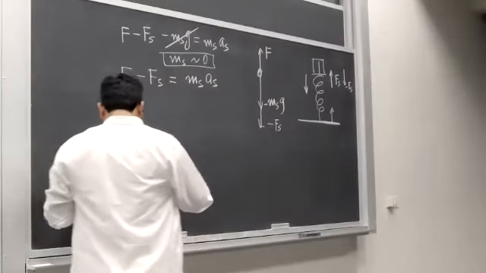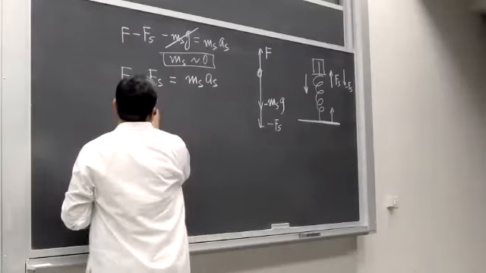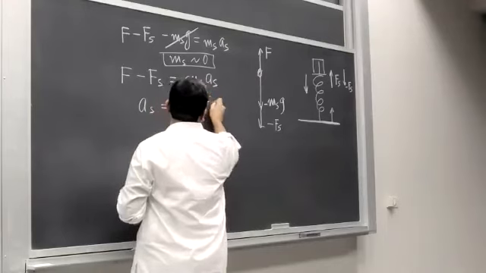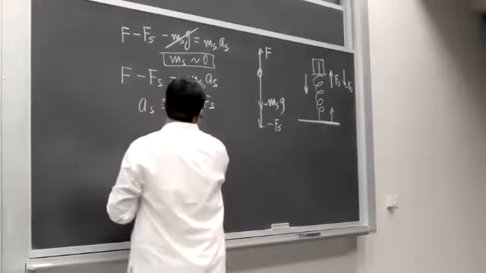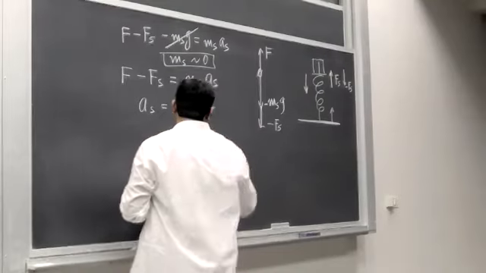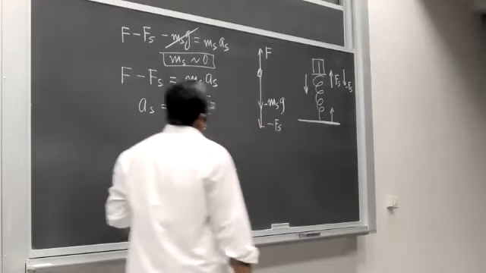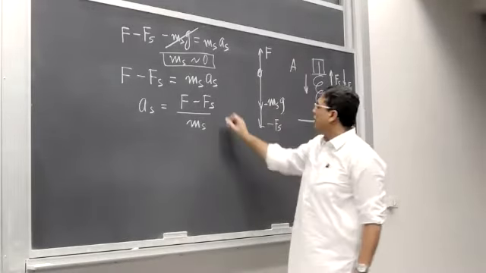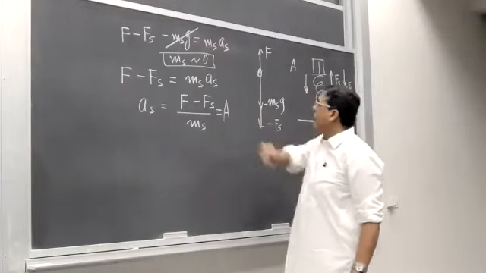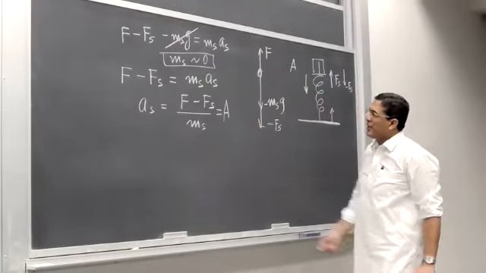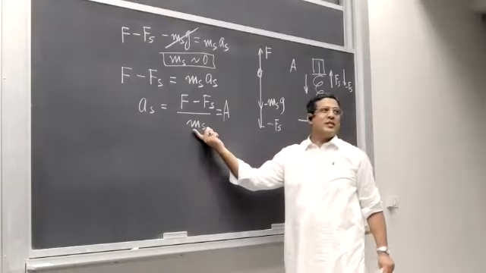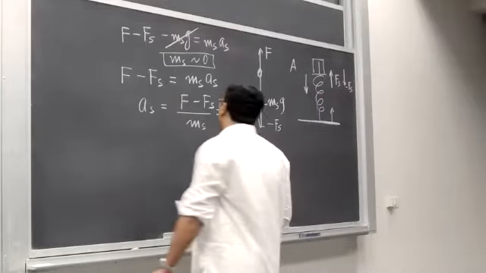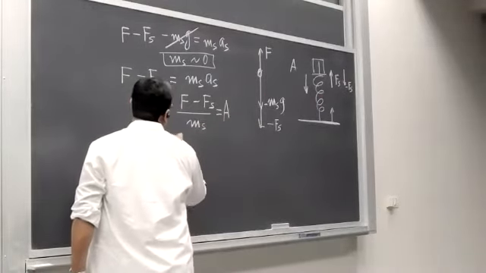And from here, you can find the acceleration of the spring. AS is (F minus Fs) over MS. Now we also know that the elevator is going upwards with an acceleration A, so this is equal to A. But if MS is very, very small, for this acceleration to be finite, the only possibility we have is that these forces are equal.